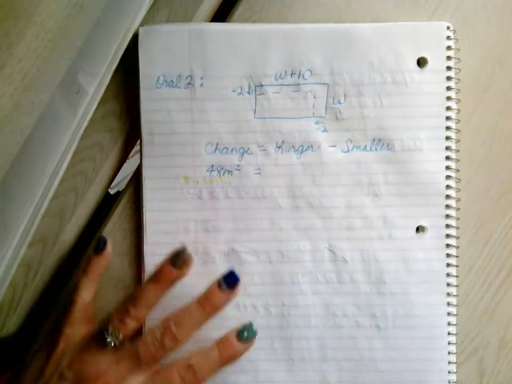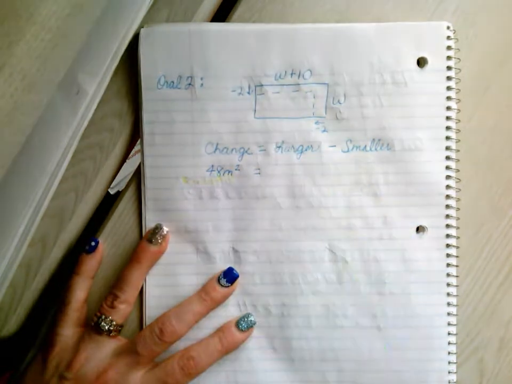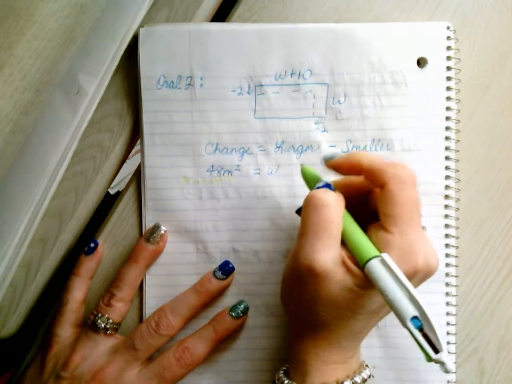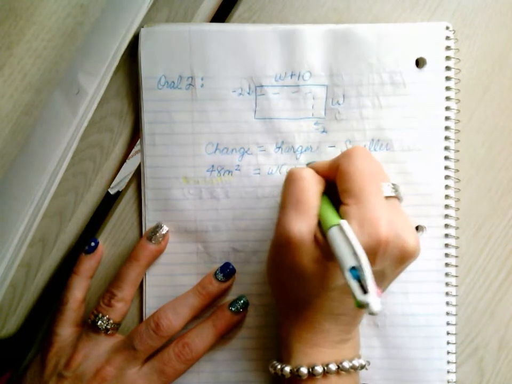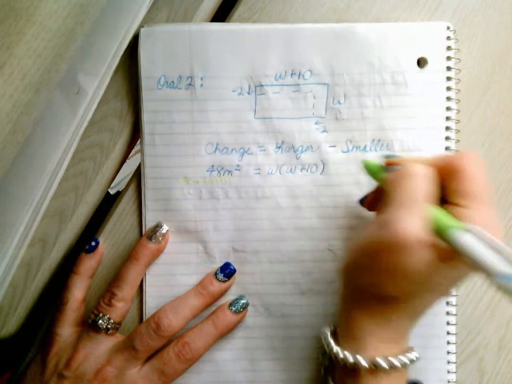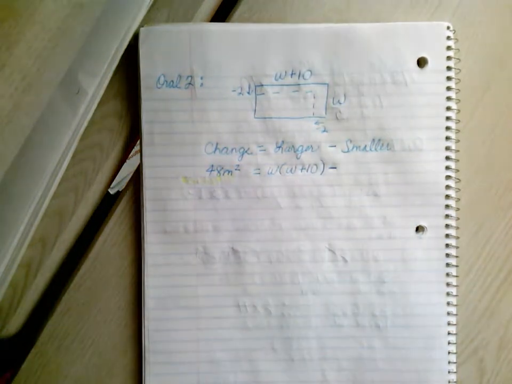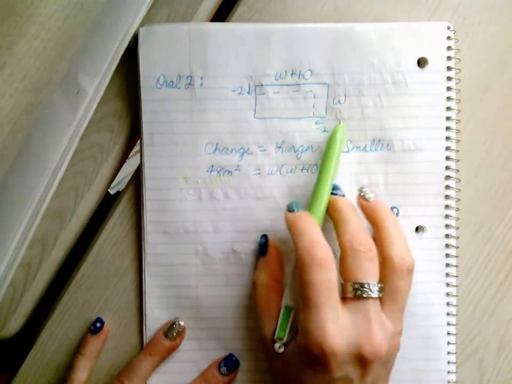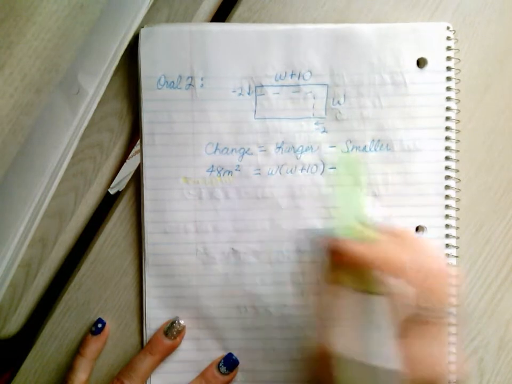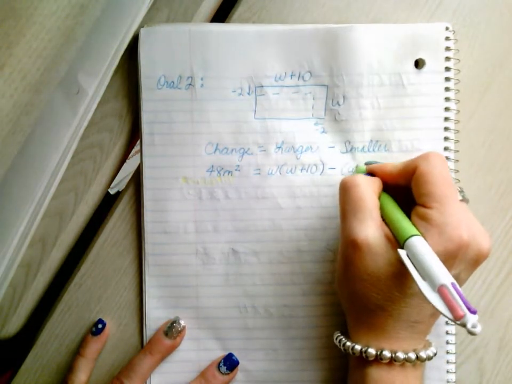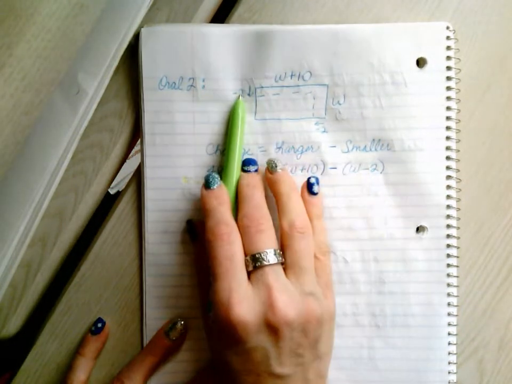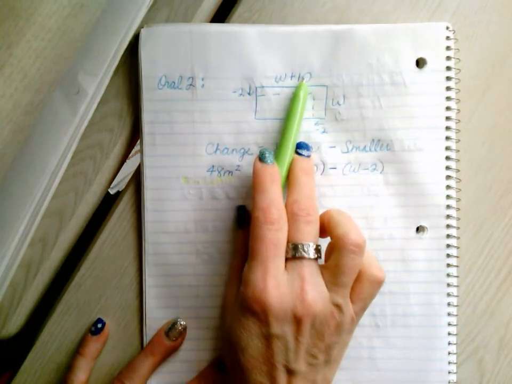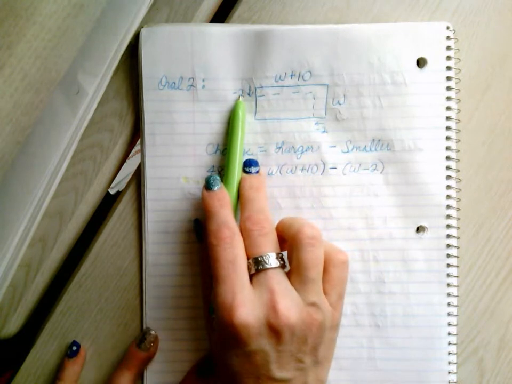Okay, the larger one, W plus 10 times W, right? Minus the smaller one, which is W minus 2 and W plus 8. Do you guys see how I took the 10 and removed 2 like they told me to?